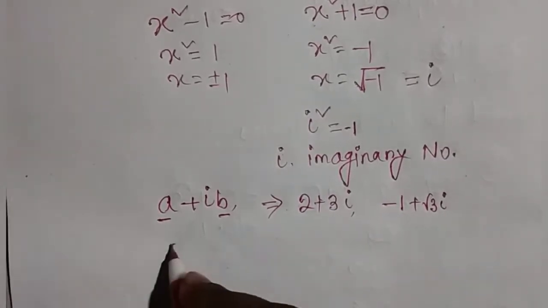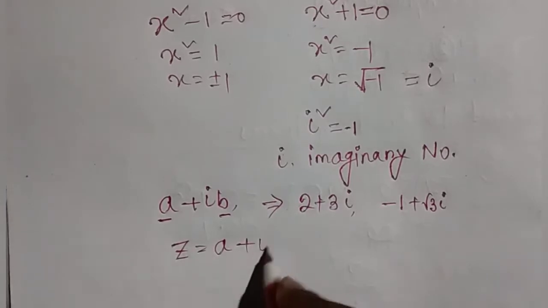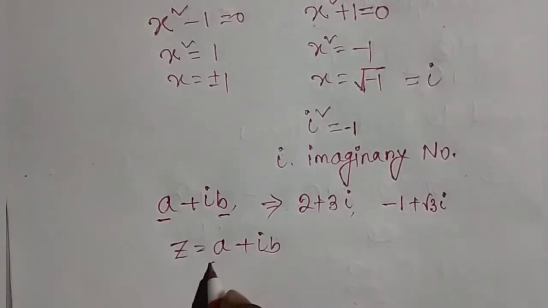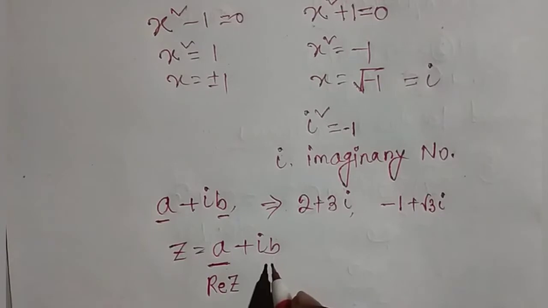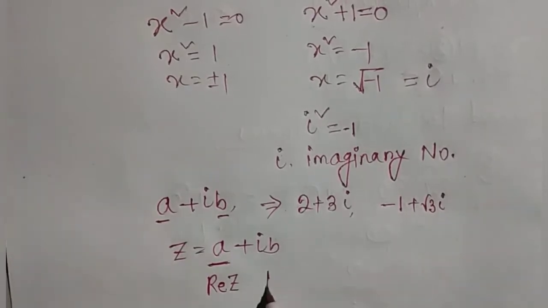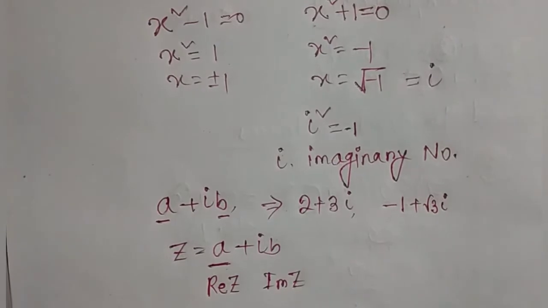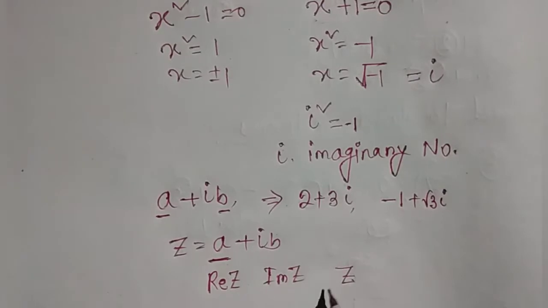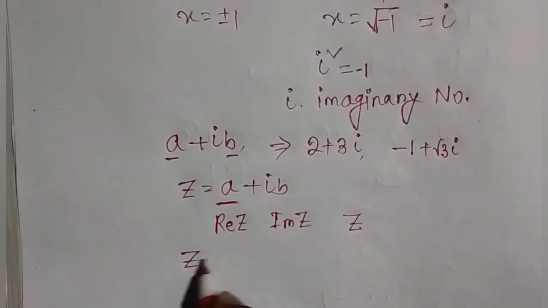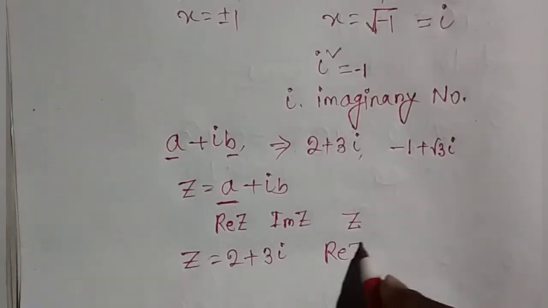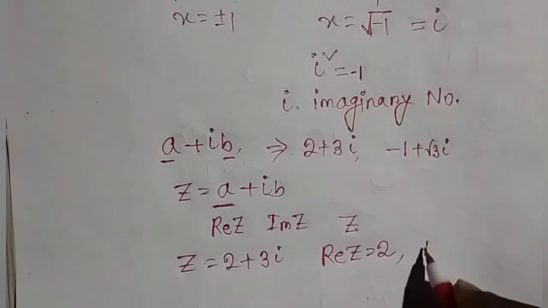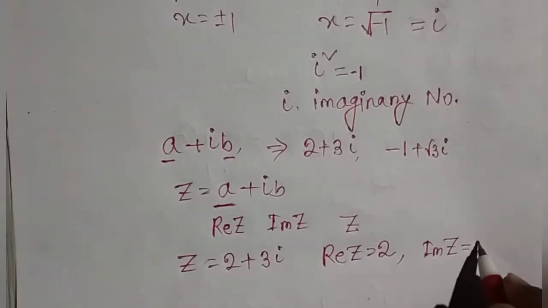For the complex number z equal to a plus ib, a is called the real part and denoted by Re z, and b is called the imaginary part denoted by Im z, the imaginary part of the complex number z.